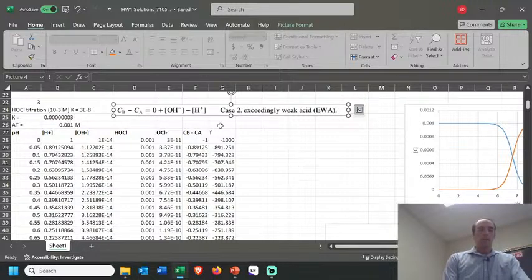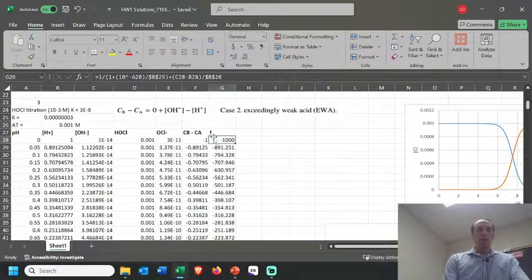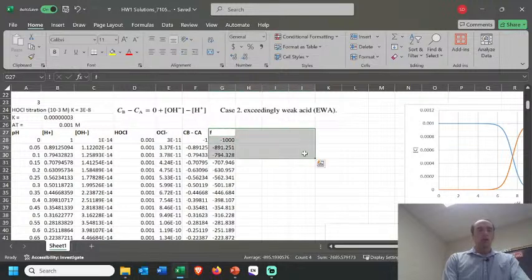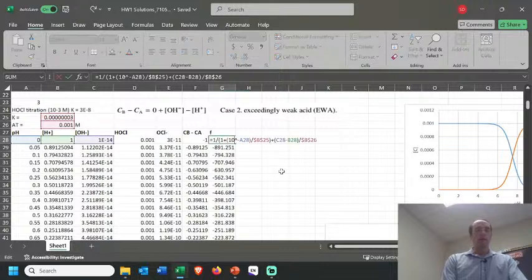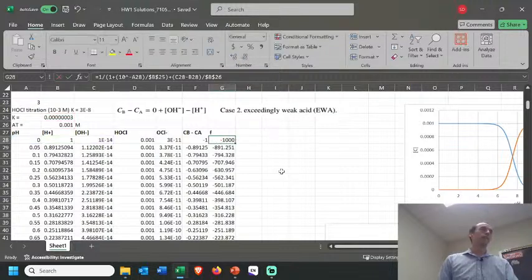Okay, and then Cb minus Ca and F as well. All right, so what you notice is that at pH 0, F is minus 1,000. So definitely way out of the realm of where we need to be in terms of doing something interesting.